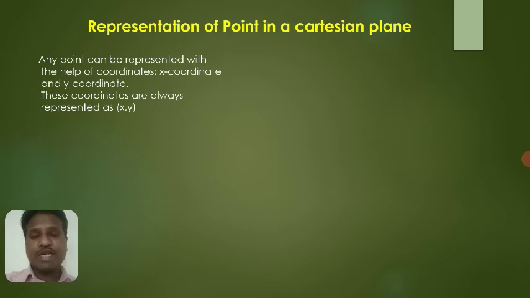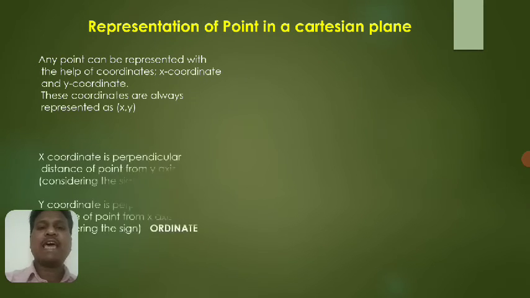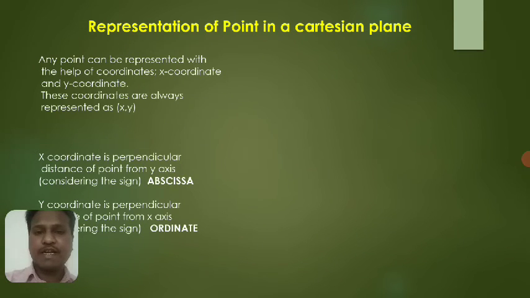This is a unique way. You cannot write (y, x). You can write it, but for another particular point, not for the same point. This shows the uniqueness of a particular point in a given plane. So the coordinates need to be always written as x comma y, where the x coordinate is known as the abscissa and the y coordinate is known as the ordinate.